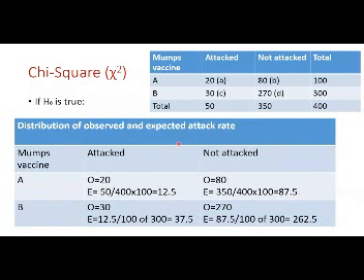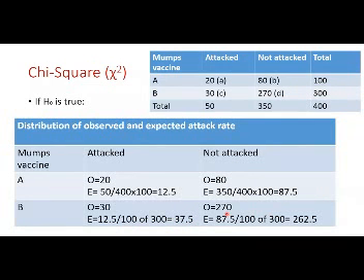For vaccine B, the observed is 30 in case of attacked, and the expected: we have seen over here that 12.5% are attacked, so 12.5% of 300 are attacked. When we calculate, this is coming out to be 37.5.